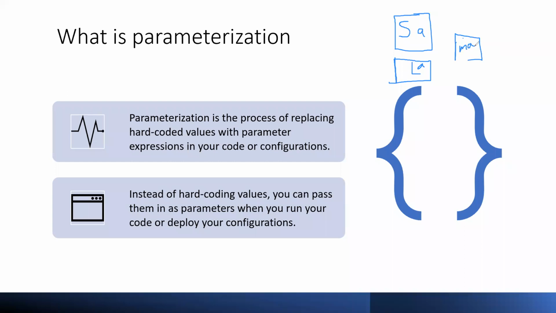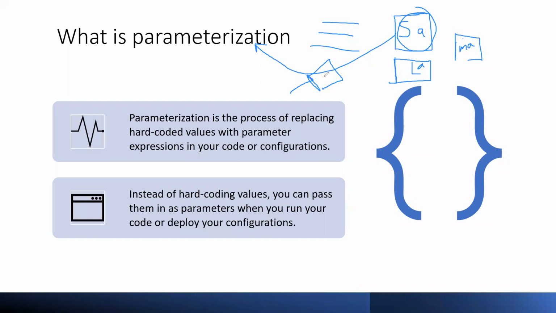In that case, either you can create multiple linked services for different users, or you can just replace this hard-coded value with a parameter. And this value of the parameter will be passed by the users at runtime.